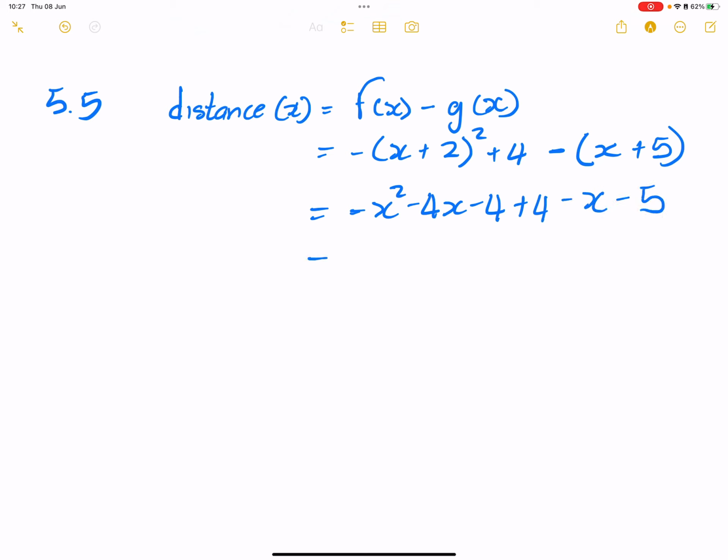Okay, I hope I'm correct there. So that's minus x squared. Okay, so that was minus 5x. So that's minus 4x minus 5. Okay, that and that cancel. And we've got minus 5. Okay, let me just check if I've done the right thing there.